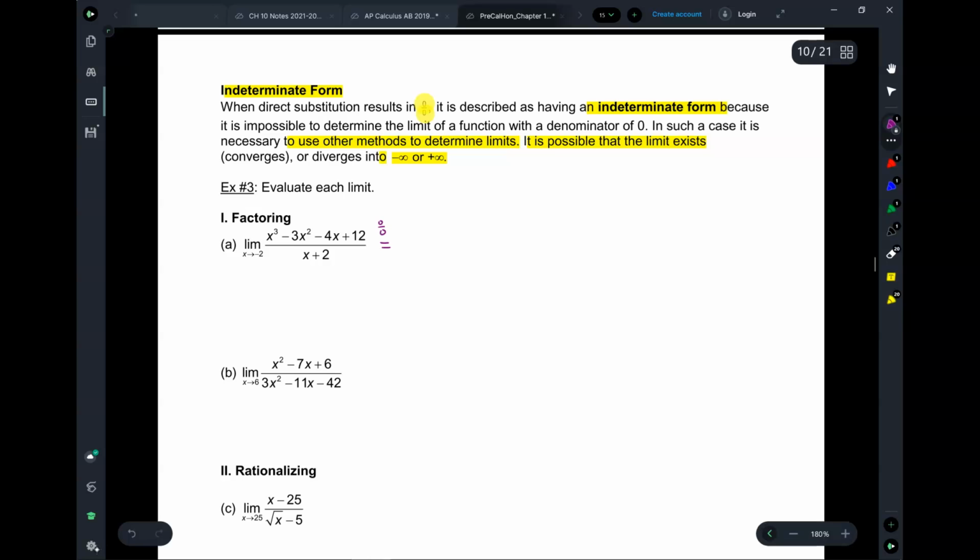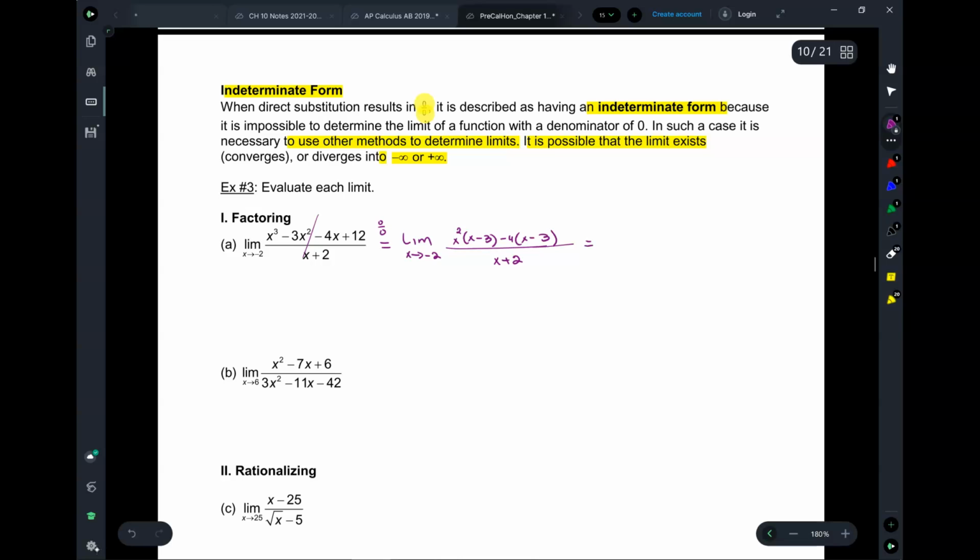So we have to do some algebra on this problem. And as long as you're doing algebraic calculations, this is important: the limit symbol cannot go away. The next step is the limit as x approaches -2 of, and let's factor this by grouping: x squared, x minus 3, minus 4, x minus 3, over x plus 2.